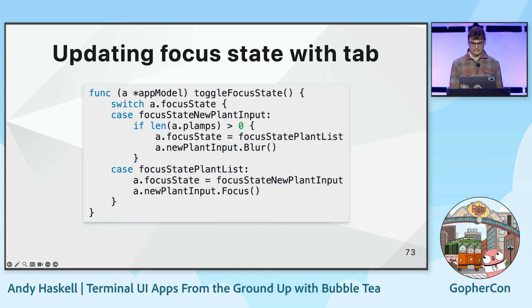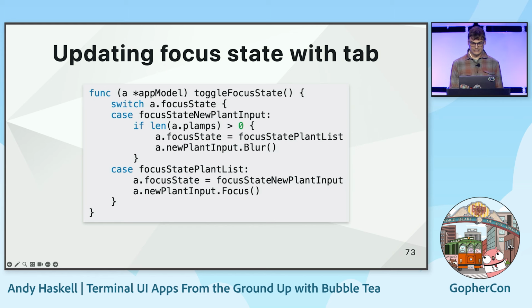Internally, Bubbles components frequently manage their own focus state, which is used in the internal view and update logic to control what the component looks like when it's focused versus blurred, and whether the component processes input. So when we switch focus to the new plant input, we call the input box's focus method, and when we switch to the plant list, we call the input box's blur method.